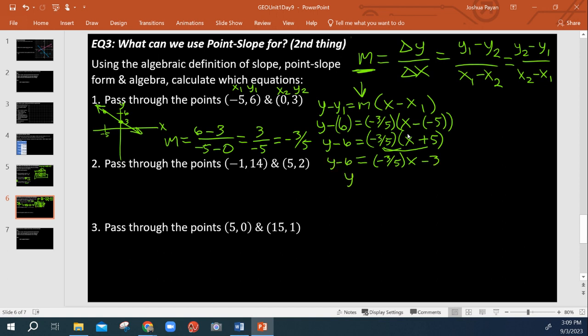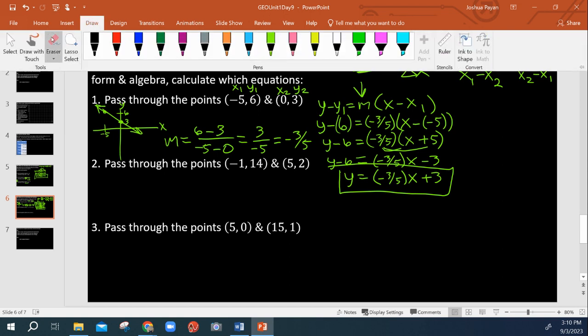Then we just add 6 to both sides. And we're done. Okay, so my final answer here for this example would be y equals mx plus b, y equals -3/5 x plus 3. Okay, so easy, easy, easy, right?